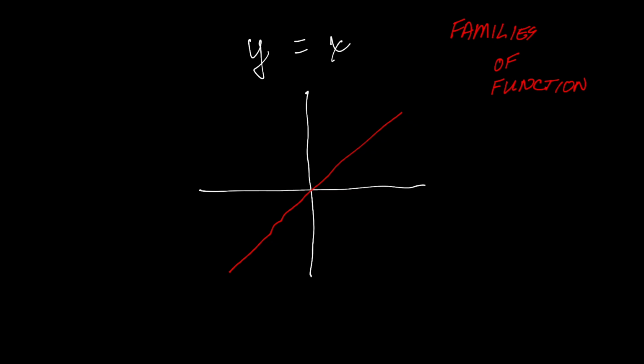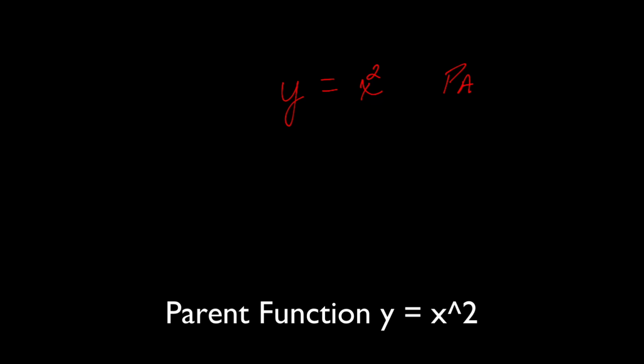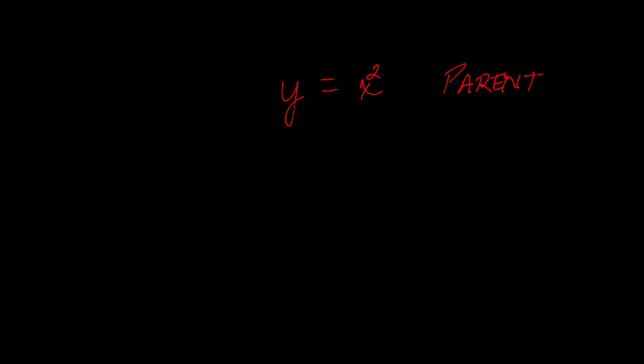Let's go to the next screen and do the parent function of, say, a quadratic. Okay, so that's our parent function. And the way this is shaped, let me draw a graph.